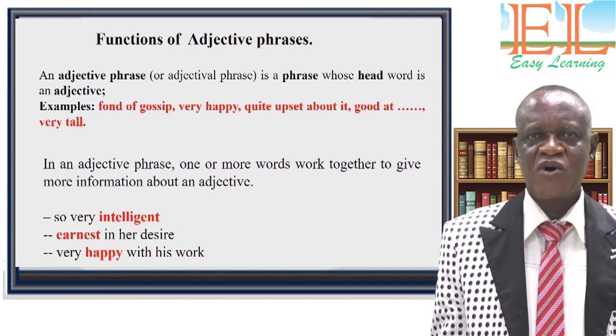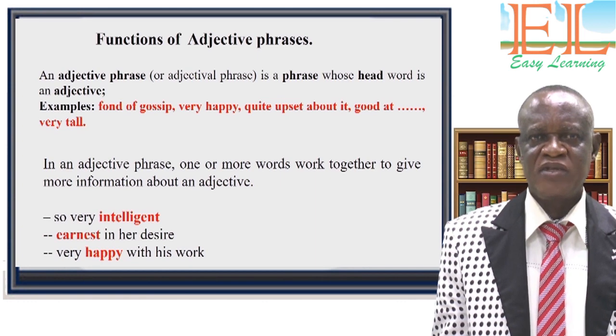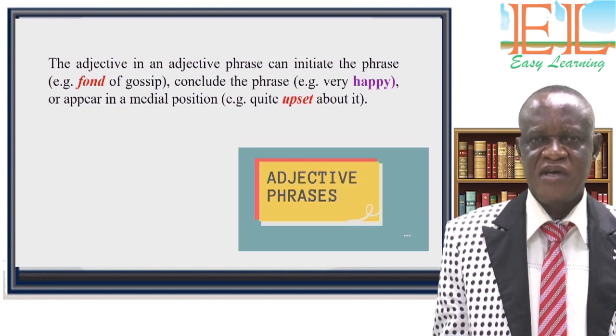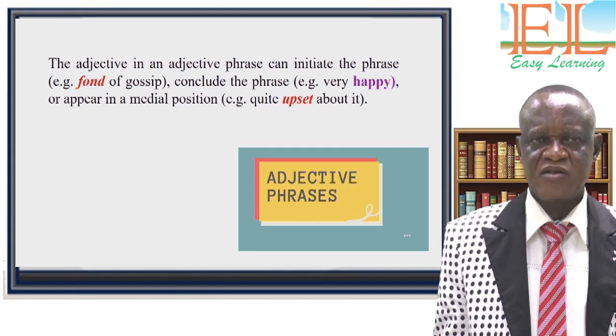One thing you have to note is that there is no one position for the adjective in a phrase. The adjective in an adjective phrase can initiate the phrase, such as fond of gossip. That is, the adjective can come first.